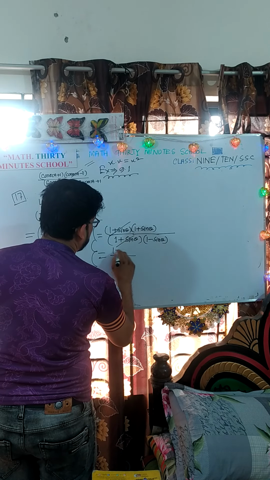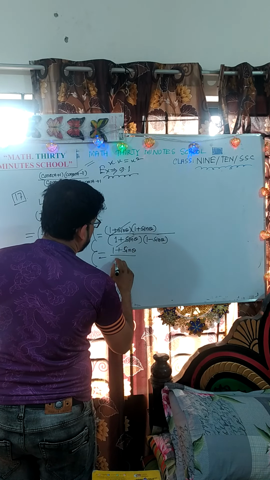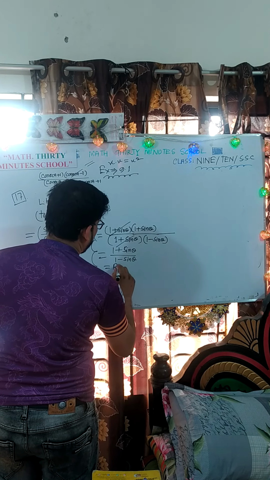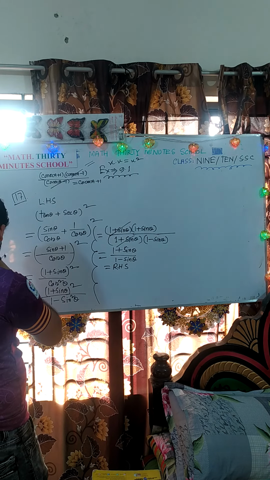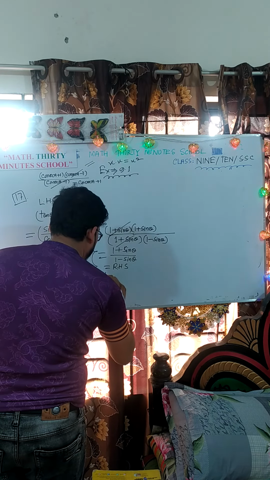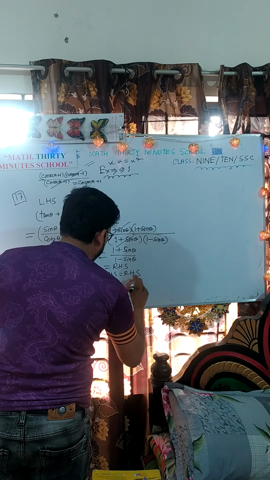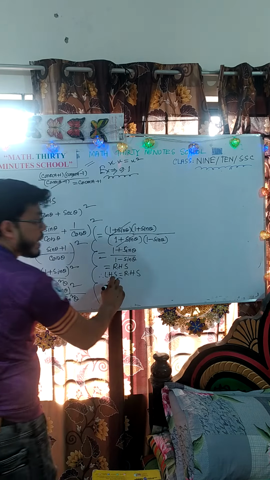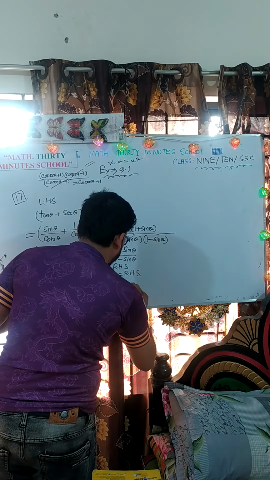Next we will get 1 plus sin theta divided by 1 minus sin theta. So we have already got our expected result according to the question. Now we can write LHS equals RHS, proved.